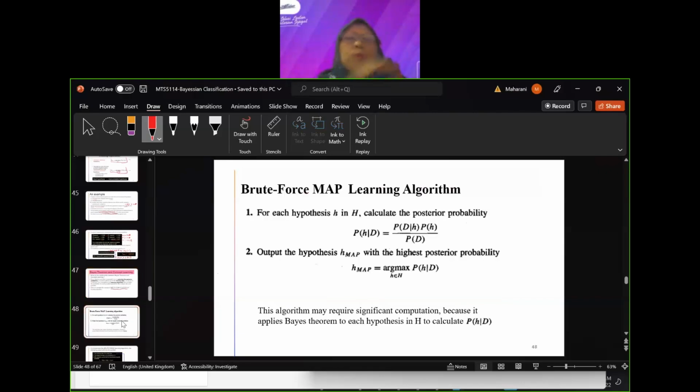So what is it? The brute force MAP learning algorithm has two steps. First, for each hypothesis H in domain H, calculate the posterior probability.